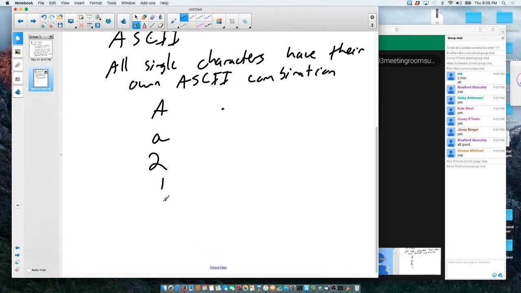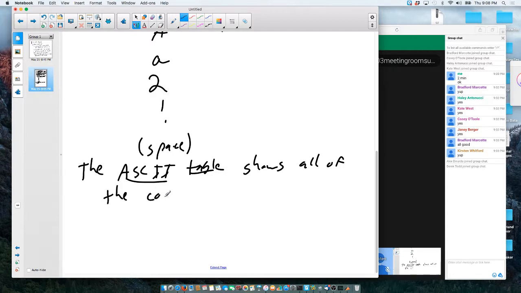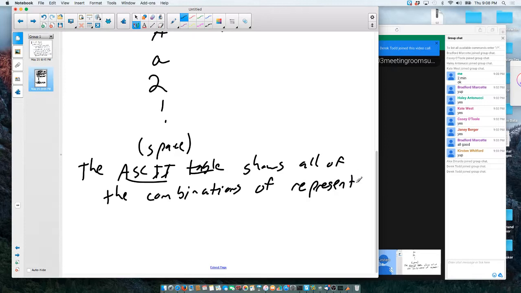Symbols have ASCII combinations. I don't know how to write this, but the space, like the space bar space, is a symbol that has an ASCII combination. So there's a giant thing called the ASCII table. It shows all of the combinations of representations of characters.